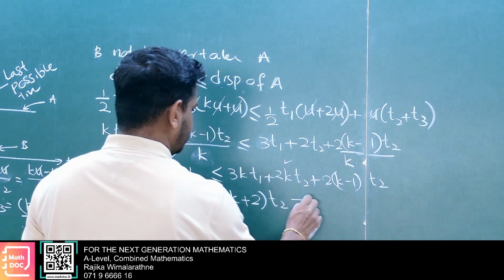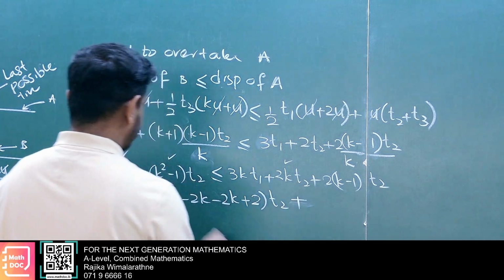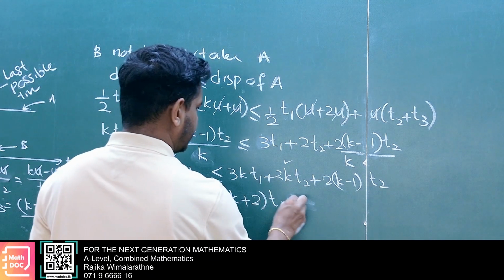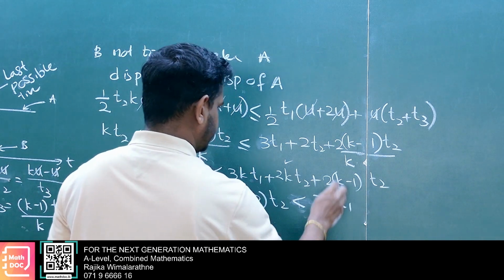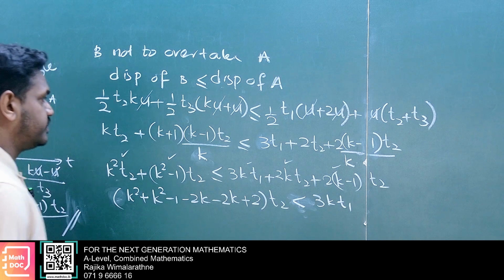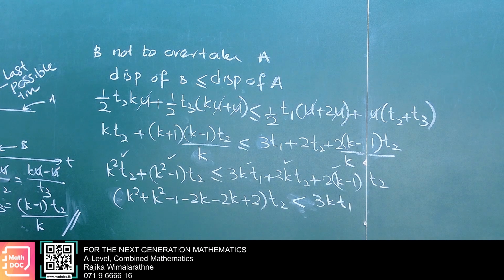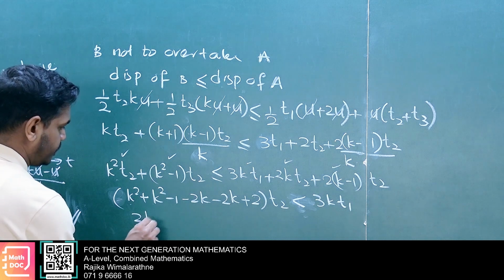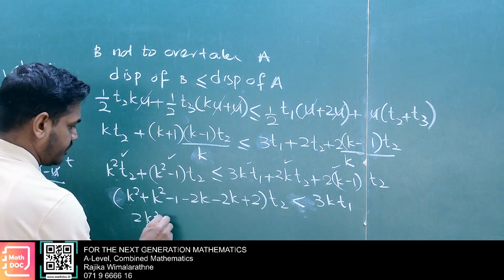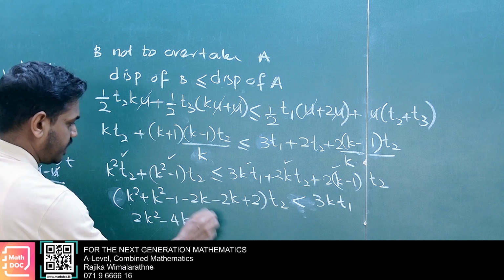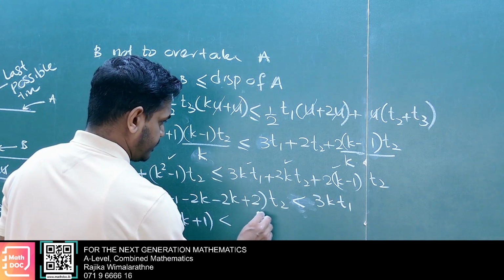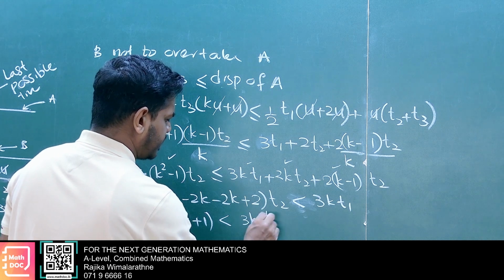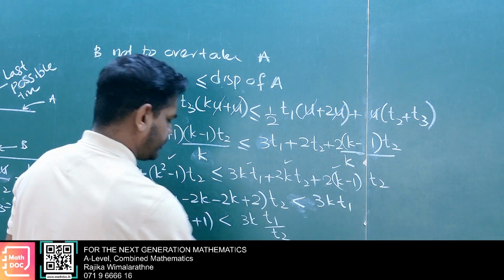Again you take T1 terms together, better get the other side. 3K T1. We have only one T1 term, no? Simplify. 2K squared minus 4K plus 1, 3K T1 over T2.